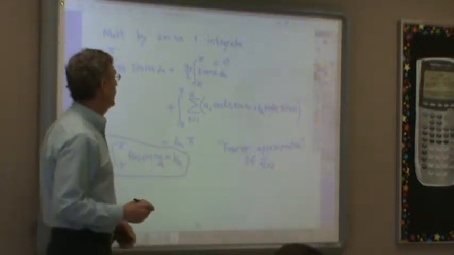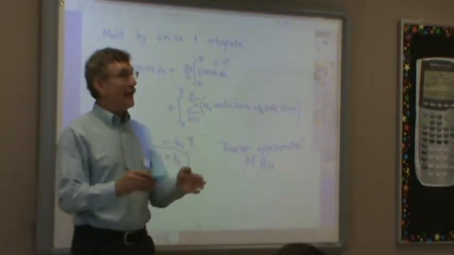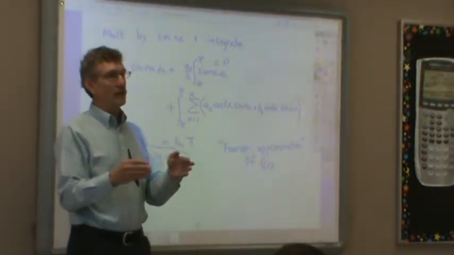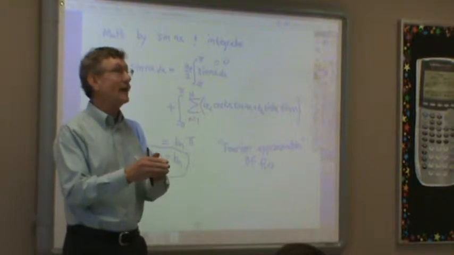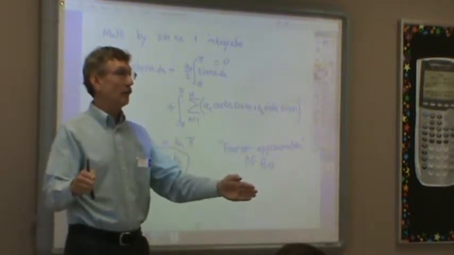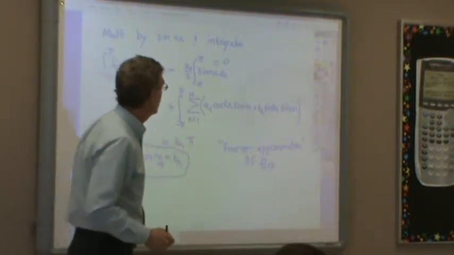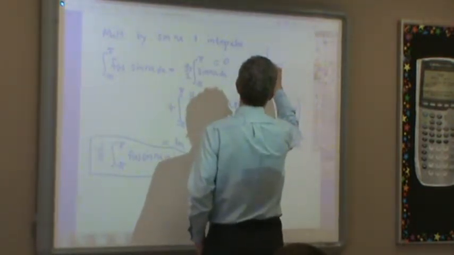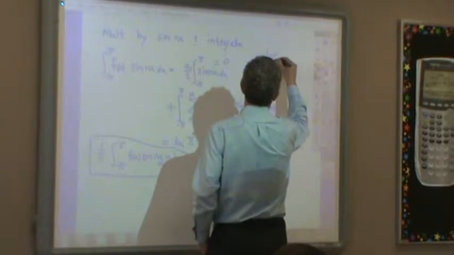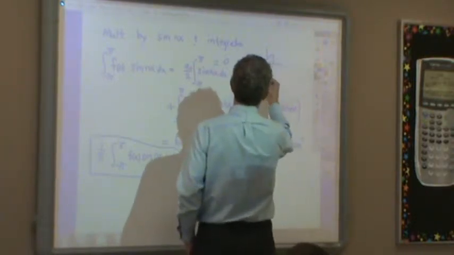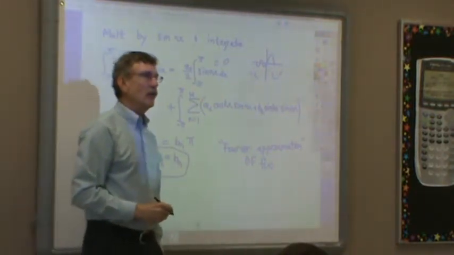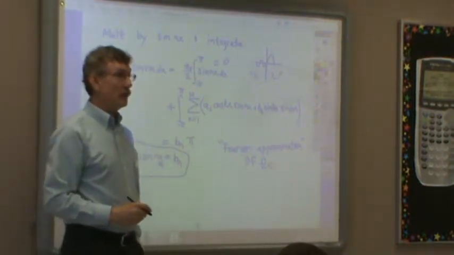What you have to do is, you can do it on any period centered at 0. A standard way to do it is, the standard notation is from negative L to L. You must know the technique of integration by substitution.